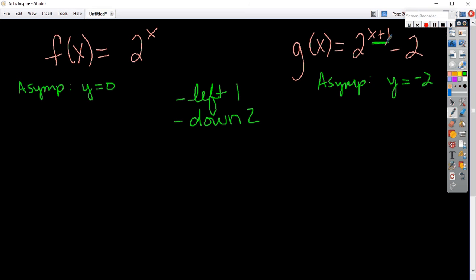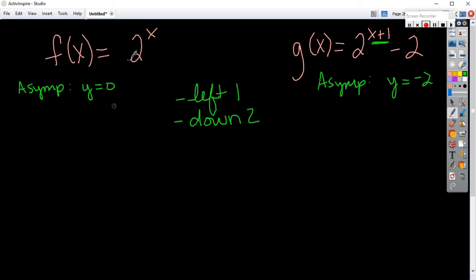When you add something to the x, that shifts it left. And whenever you put the number on the outside like this, that shifts it up or down. We're not worrying about shrinks or stretches right now. We're just worrying about shifts left and right, up and down. So look at anything added or subtracted to x or added or subtracted to the end of the function.